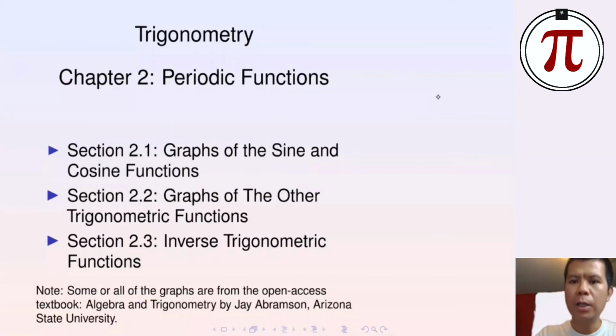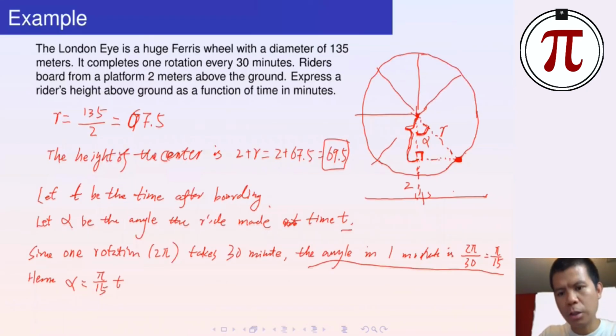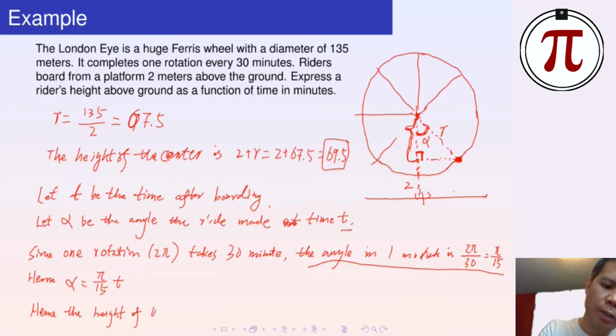Okay. All right. Let's do this one. So the height of this person is basically the height of the center minus this distance. Yes. The height of the rider is what?